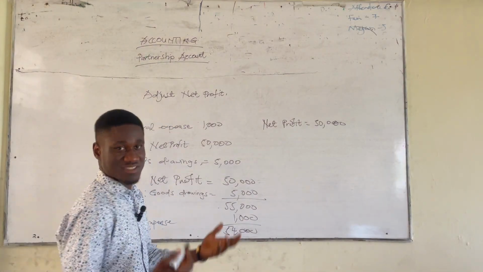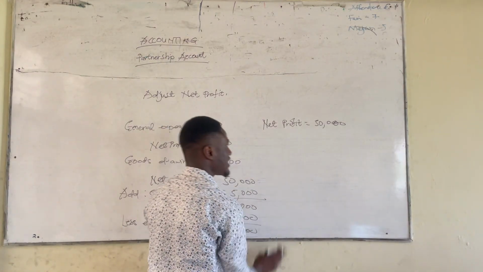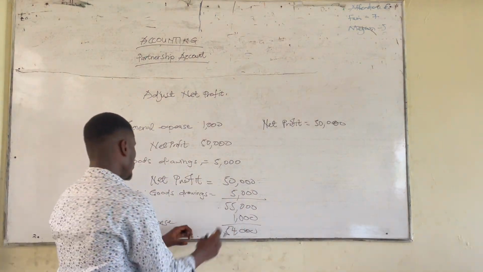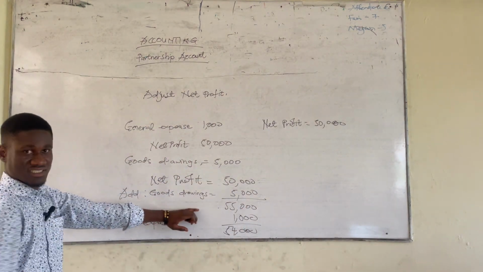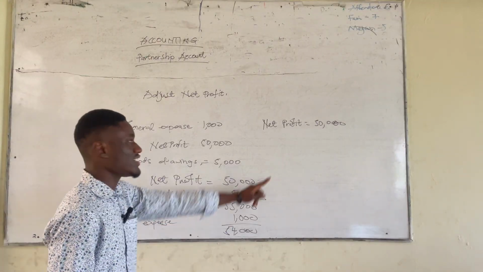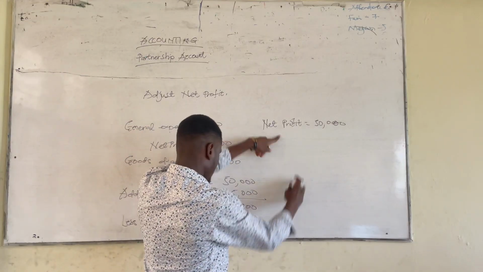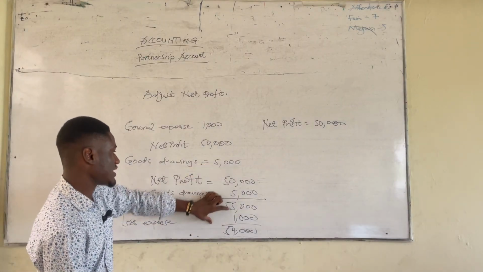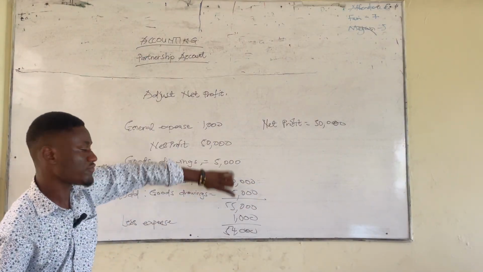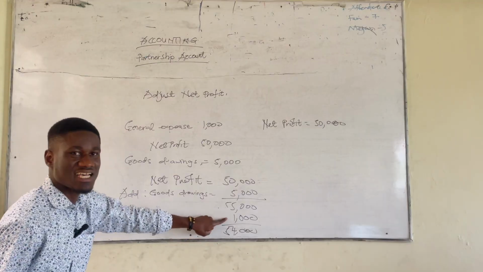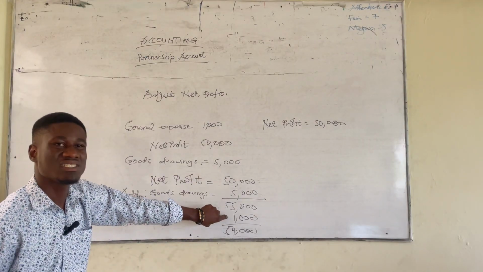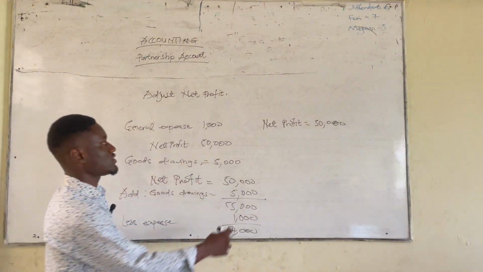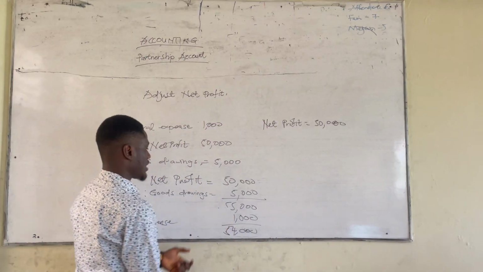So that means if it's an expense, I have to subtract that expense from the net profit. That's why these expenses were subtracted from the net profit. After adding the goods drawings, the things that increase the net profit, we subtracted the expense, anything that decreases our net profit. So we subtracted this 1,000.